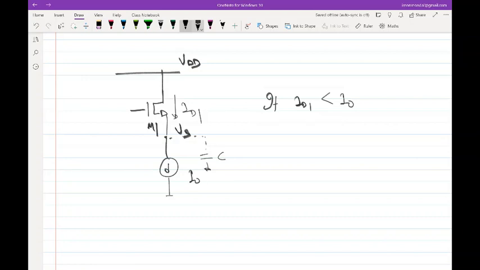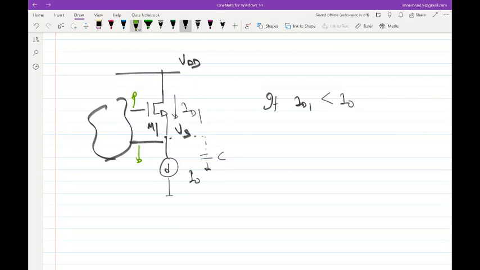So I have to observe the source voltage and I have to take action on the gate. When source voltage decreases, I have to increase the gate of M1. So I have to connect something here where if this decreases, this increases. Do you know of anything that can do that?